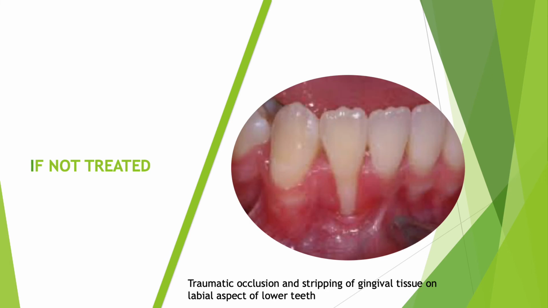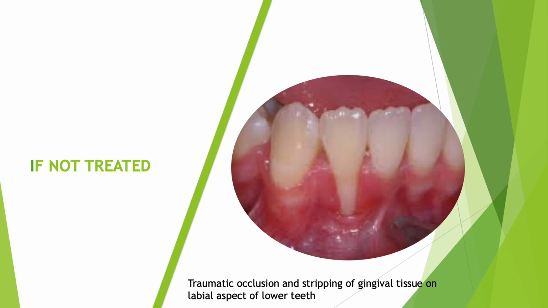Then there will also be traumatic occlusion. It will be hurting the teeth in one way or another, and there'll be stripping of the gums, as you can see in the picture. The upper teeth were supposed to sit outside the lower teeth. Now when that's not happening, when they sit inside the lower teeth, what is it causing?